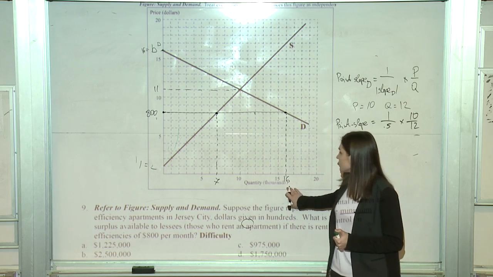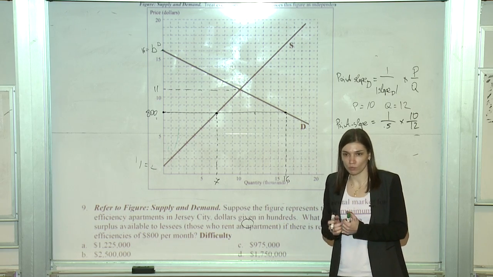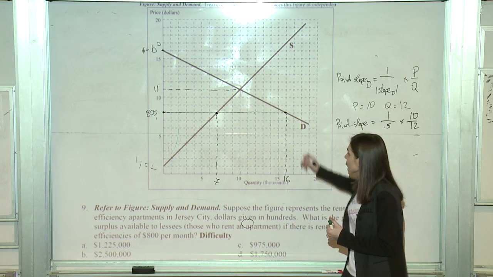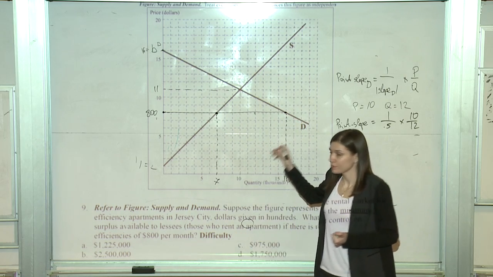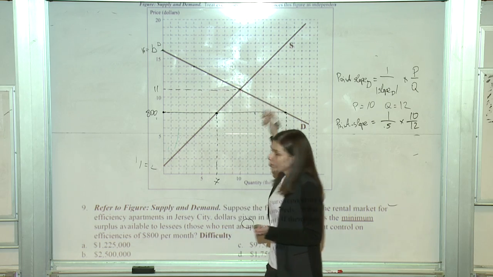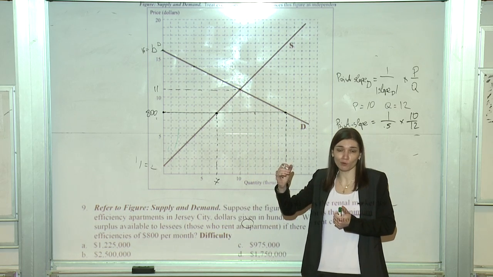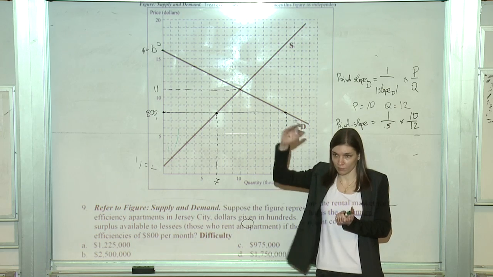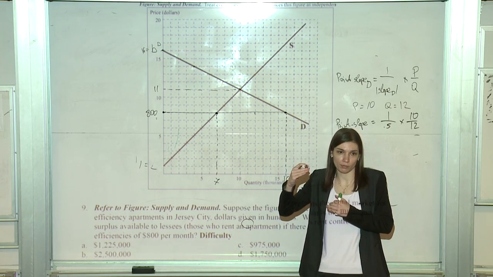Now, out of those 16,000, do we know exactly which 7,000 would rent the apartment? We don't know that. And the buyers differ based on their willingness to pay, so this buyer here might rent, and then that buyer there. They would have different willingness to pay, and the difference between their willingness to pay and the price is the surplus, the area below the demand curve above the price. That gives you the buyer's surplus.